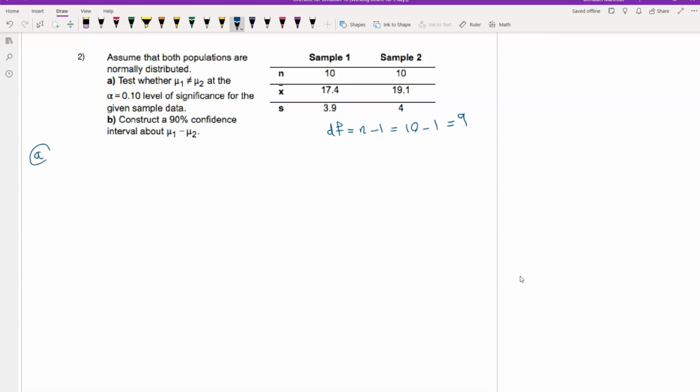So for part A, step 1, null and alternative. The alternative is given, mu1 is not equal to mu2, so here we have two-tailed. And the null is mu1 equal to mu2. Step 2, alpha is given, it's 0.10.